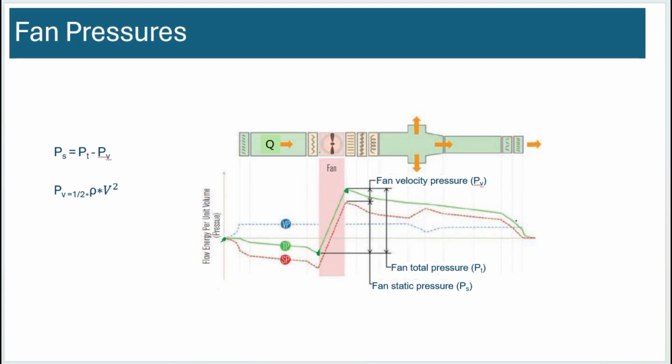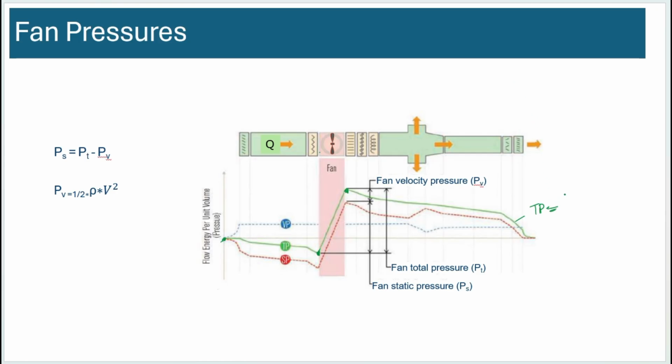So the total pressure is the line that is shown here in green. Okay, total pressure is basically, if you remember, a pitot-static probe. The pitot-static probe measures both the total pressure and the static pressure. Okay, so total pressure is the total energy in the system.